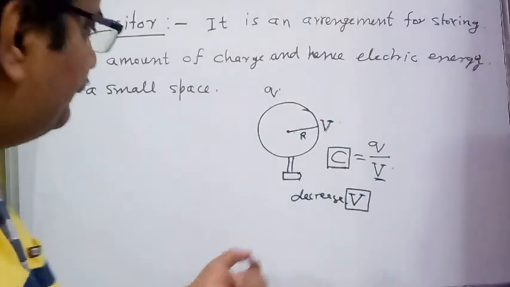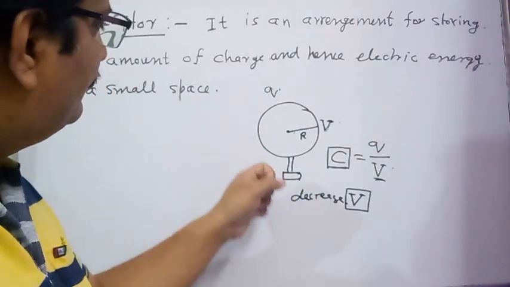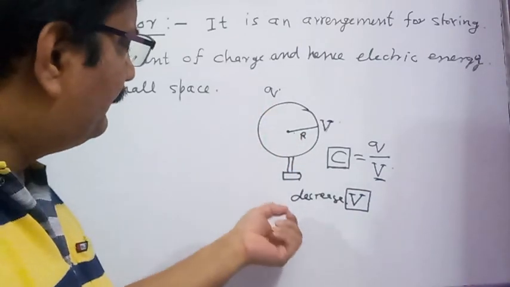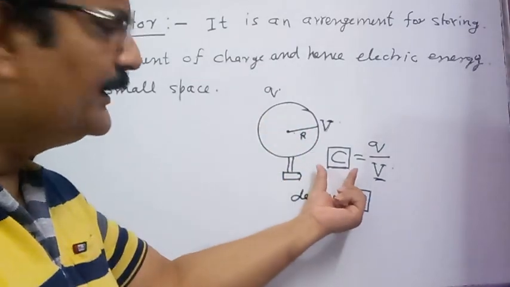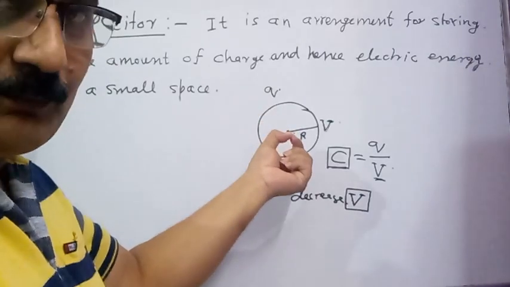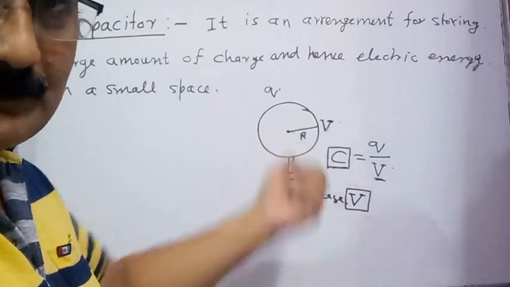This is the actual principle of the capacitor. We take a single conductor, and if by any means we can decrease the potential on its surface, then its capacitance can be increased and it can store more charge without increasing its size.